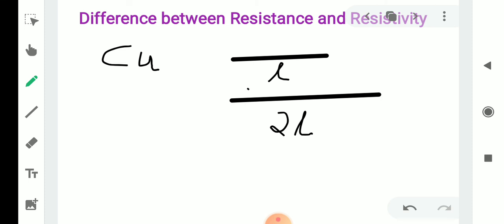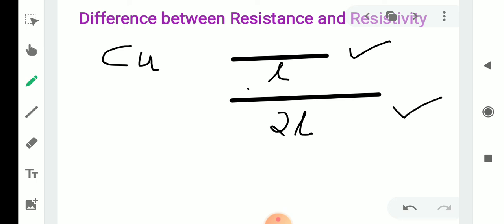Now in the first case and the second case, you can see the length is different, right? First the length of the copper wire is L, and the second wire is 2L. Now, the resistance of this wire is less, and here as the length increases, resistance also increases.